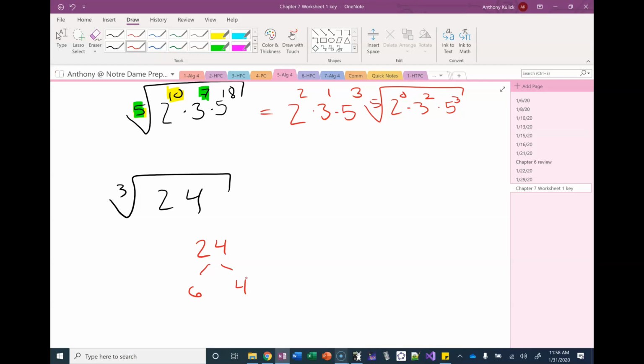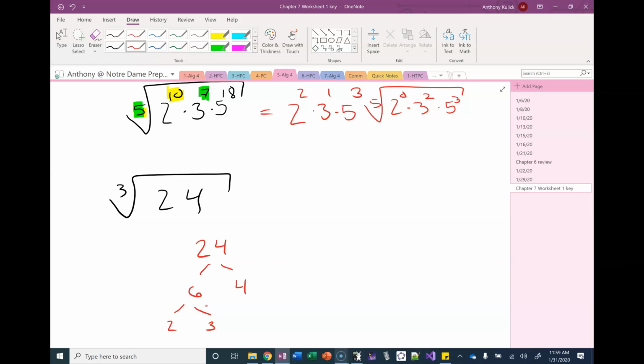Do we know what I mean by prime? 16? 16 is not. A prime number is only divisible by itself and 1. Is 6 a prime number? No, because it's divisible by 2 or 3. So what two numbers can multiply to give us 6? 3 and 2 or 2 and 3, doesn't matter the order you write them. Is 2 or 3 prime? They're both prime. So we're done with that branch.